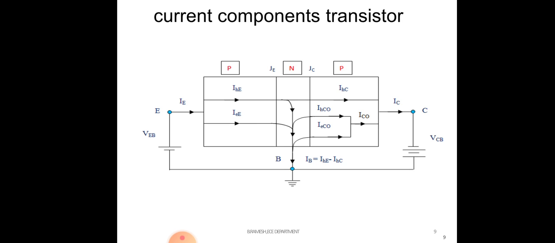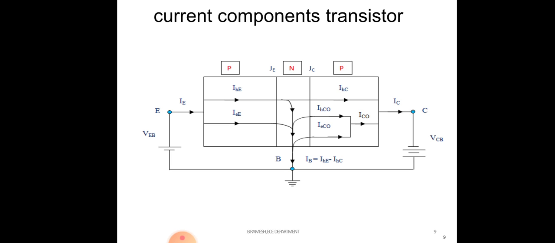When you apply the bias voltage, because of forward bias, charge carriers move from the emitter region to the base region. This is the operation principle of the transistor. Holes are moving from the emitter region to the base region.